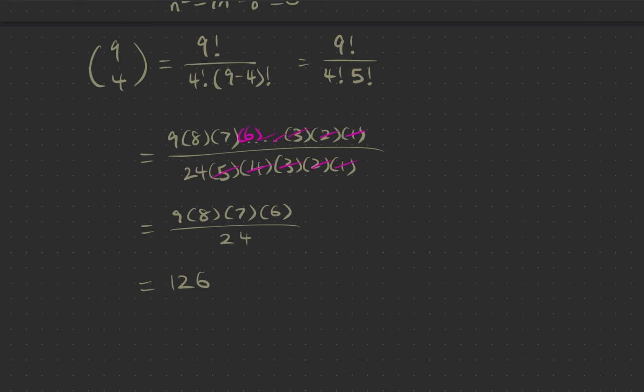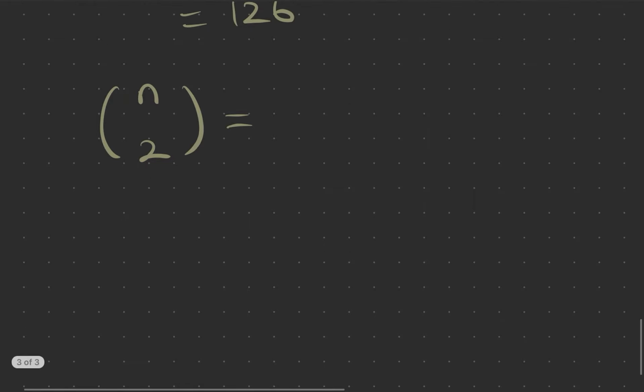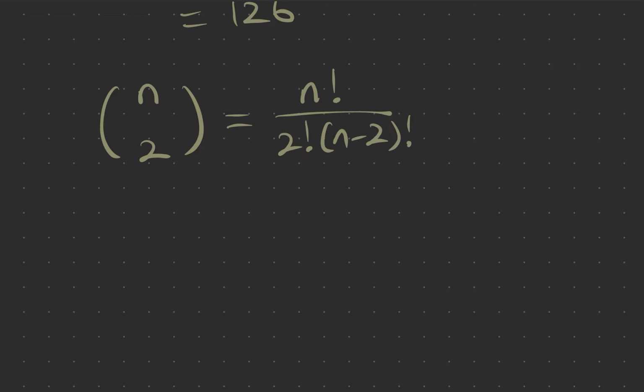Alright, let's do a more complicated one for our last question of the day. Let's try n choose 2. Actually, it doesn't look that complicated, really. Okay, let's do this. n choose 2 is the same as n factorial over 2 factorial times n minus 2 factorial.